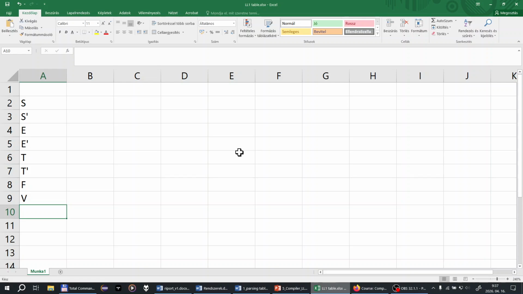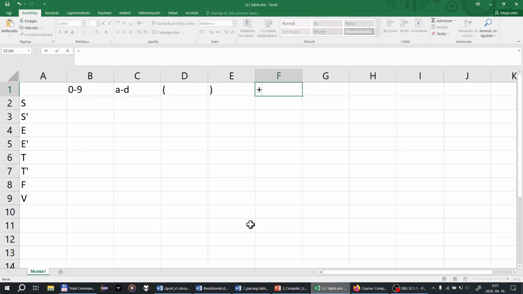Okay, so for the S, let's see all the symbols here. We have numbers 0 to 9. We have the variable names A to D. We have opening and closing bracket.